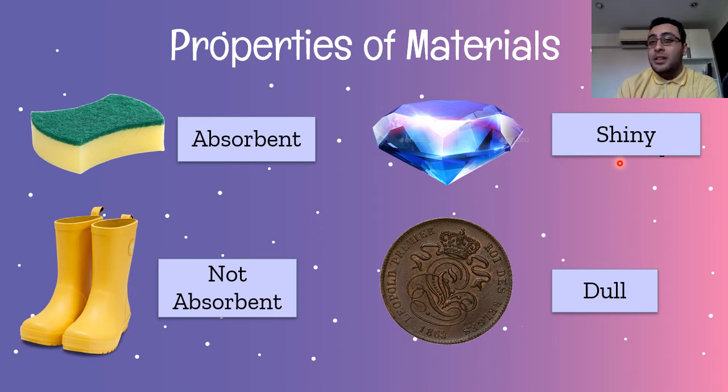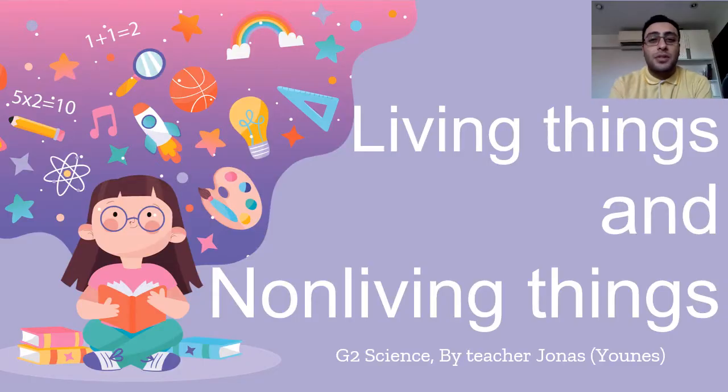But something like wood is dull. It's dull. You see, it doesn't reflect the light back very good. Wood is very dull. Fabric is dull. Most fabric. Okay, so the new topic for today is living things and non-living things.